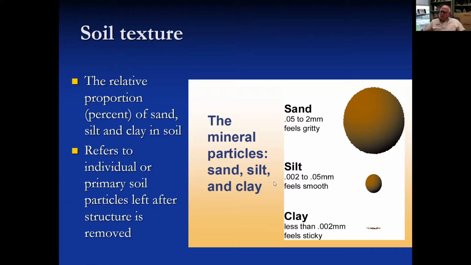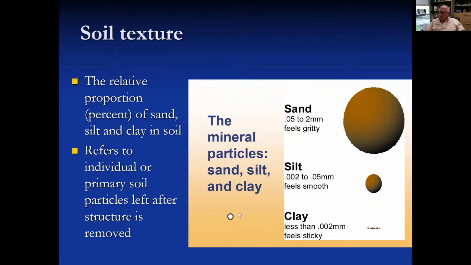One of the things we talk about when we talk about texture is the relative proportion of those three mineral components in the soil. But there are a couple of important things that we want to know aside from the size of the particles in the mix.